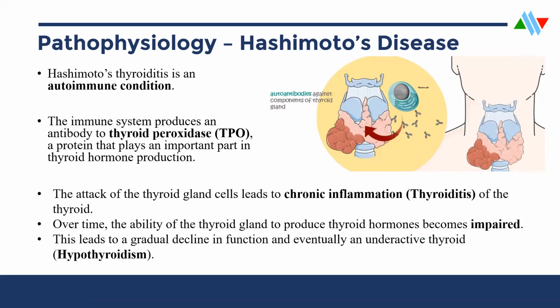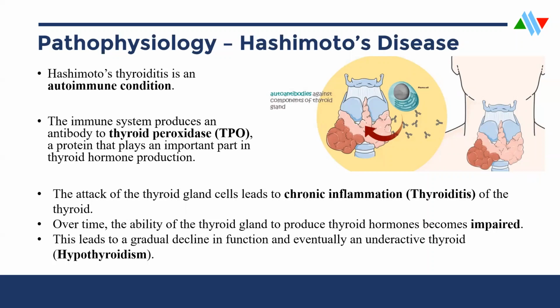There's also another antibody that acts against another protein called thyroglobulin, which is also important in the production of thyroid hormones. However, the main antibody that really affects, in this case of Hashimoto, is the antibody against the thyroid peroxidase.